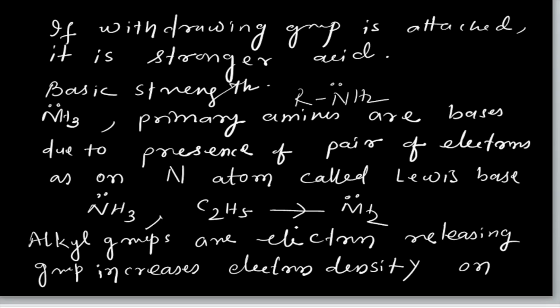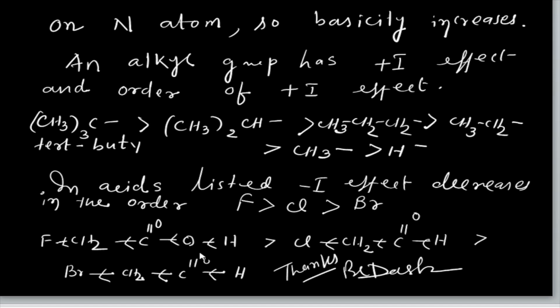That means ammonia and methylamine, with alkyl groups attached, are both acting as bases. They are called Lewis bases. Alkyl groups are electron releasing groups and increase the electron density on nitrogen, so basicity increases. An alkyl group has a plus I effect.